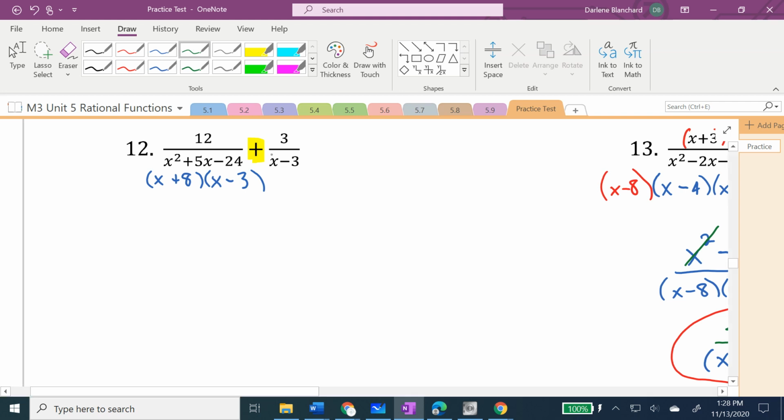But the second denominator looks over and goes, oh, they've got an x plus 8 and I don't have one of those. So multiply its numerator and denominator by x plus 8. If you multiply the numerator and denominator by the same exact expression, you're not changing the algebra of that expression.